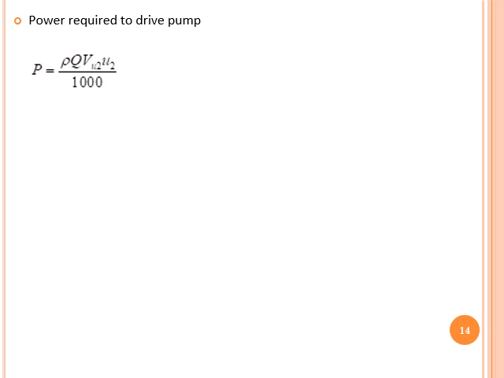Substituting the values here, the density of the water is 1000 and Q value is given as 1.565 into Vu2 value calculated 7.79 into U2 is equal to 12.77 by 1000. So now we are getting the power required to drive the pump is 43.65 kilowatt.